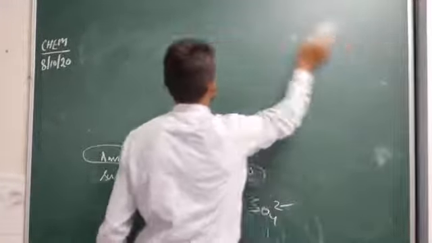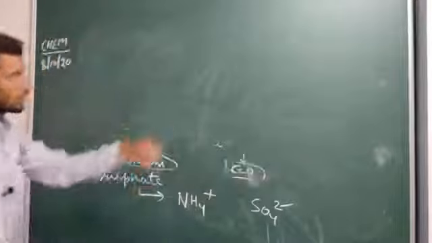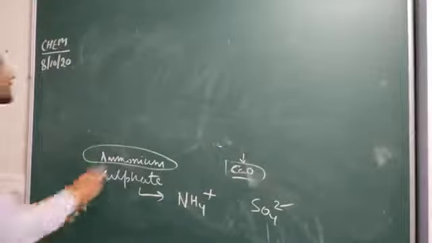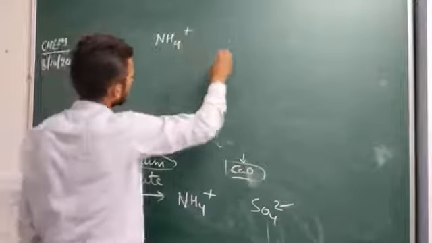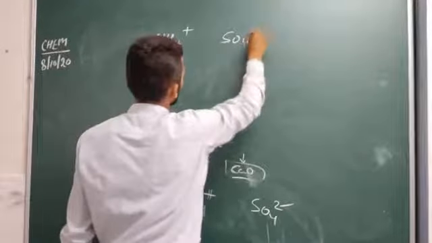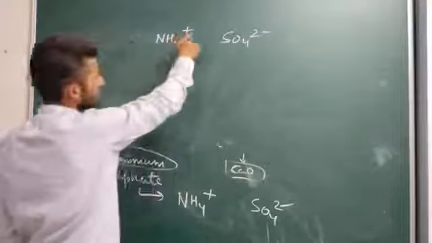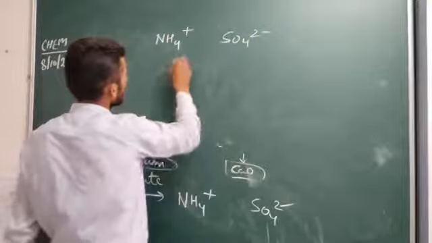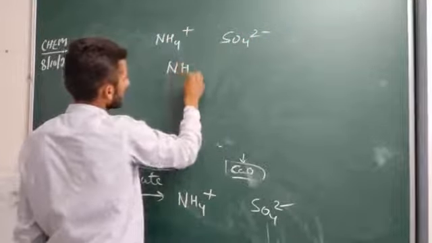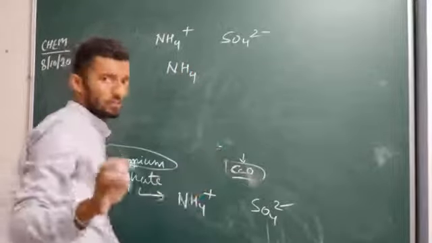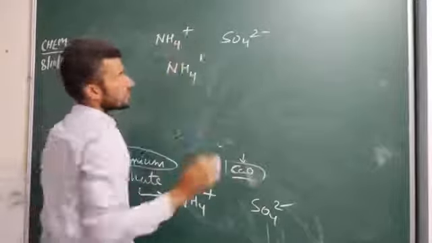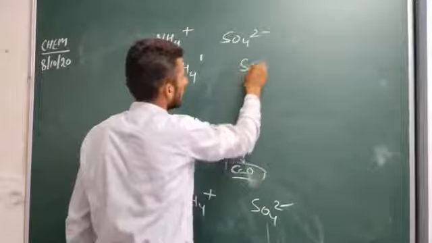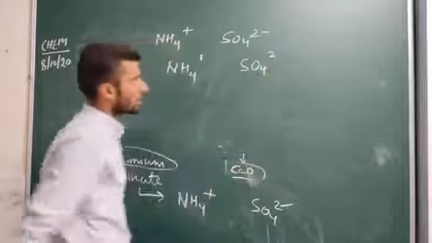Now here the charges are different, their magnitude is also different. Like here we have 1 positive and here 2 negative. Now in order to derive the formula, what you need to do in such cases is write 1 here, like 1 positive was written, and here 2 over here.